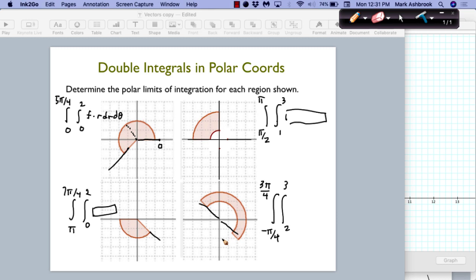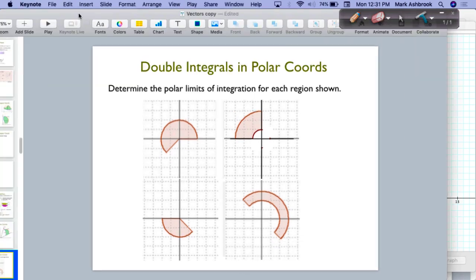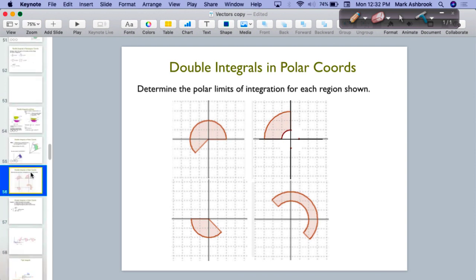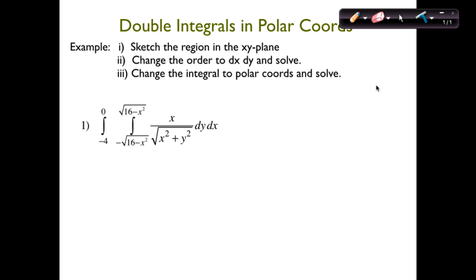Okay, other questions? Okay, so, example. Here is a double integral. First, I want you to sketch the region in the xy plane.